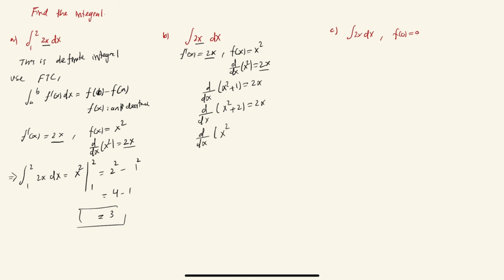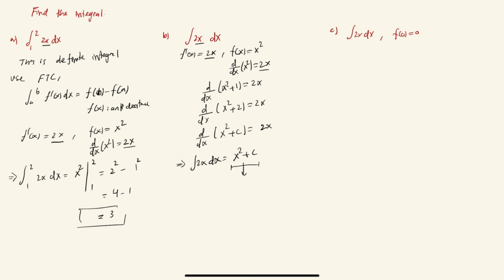The derivative of x squared plus c is just 2x. Therefore, the indefinite integral of 2x dx is going to be x squared plus c. Why c? Because c can be any number. So to make it more general, we just write it as c.